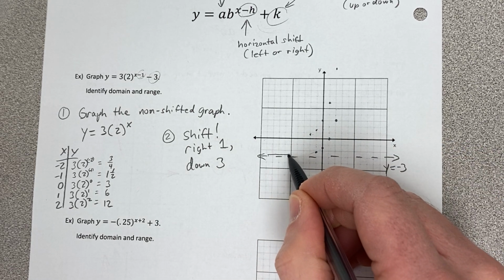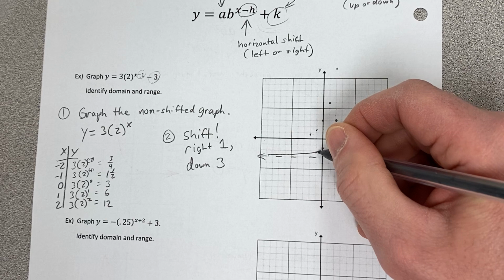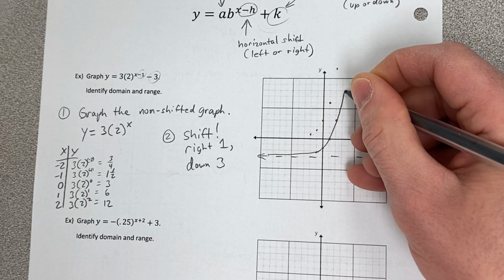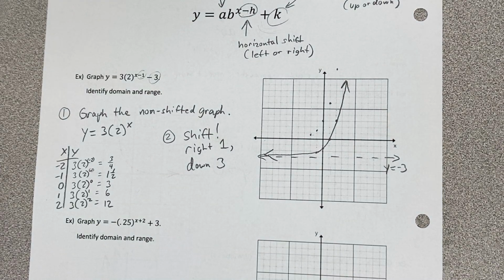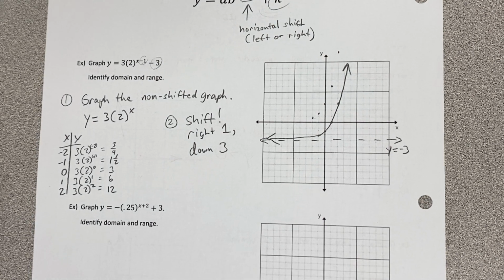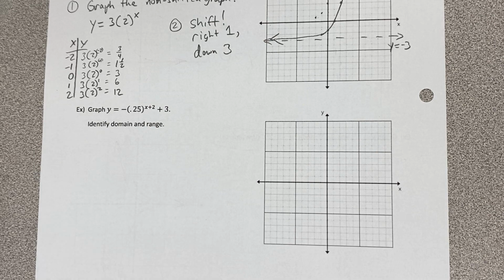And we can go ahead and connect these points. And what we've just done is graphed a shifted graph, which is kind of cool. All right, let's do one more.